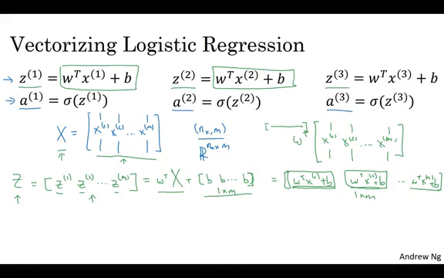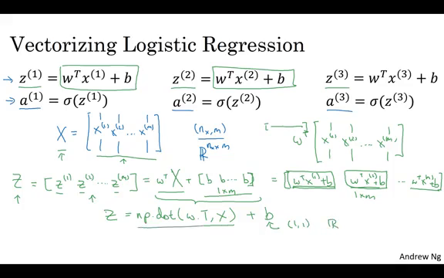And it turns out that in order to implement this, the NumPy command is capital Z equals np.dot(w.T, X), that's W transpose X, and then plus b. Now, there is a subtlety in Python, which is that here, b is a real number, or if you want, a 1-by-1 matrix, so it's just a normal real number. But when you add this vector to this real number, Python automatically takes this real number b and expands it out to this 1-by-m row vector.